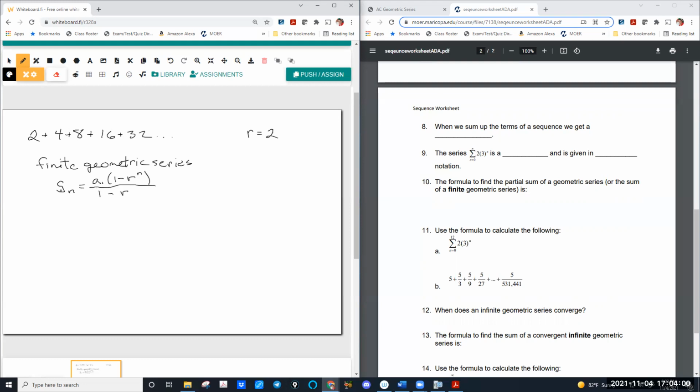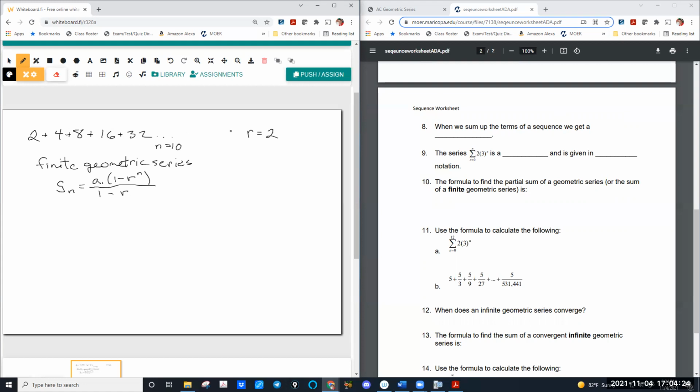So there are 3 things you need in order to determine a sum of a finite geometric series. You need to know the first term, the common ratio, which is what r is, and the number of terms. So for our series here, let's assume this is finite geometric, and let's say we just want to know the sum of the first 10 terms.